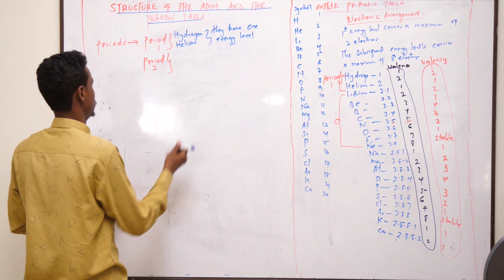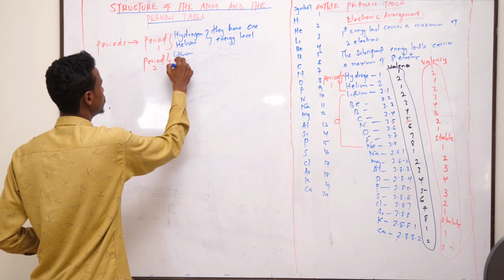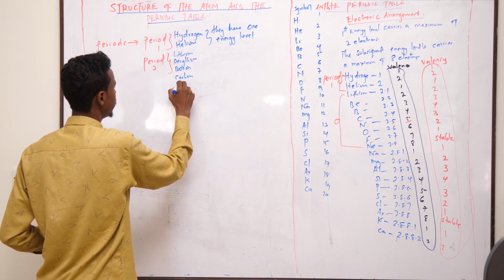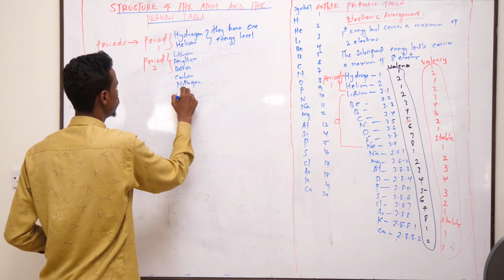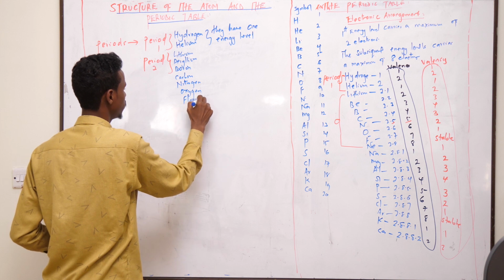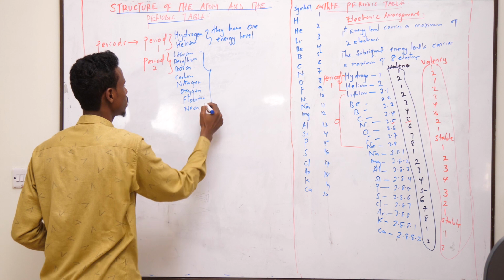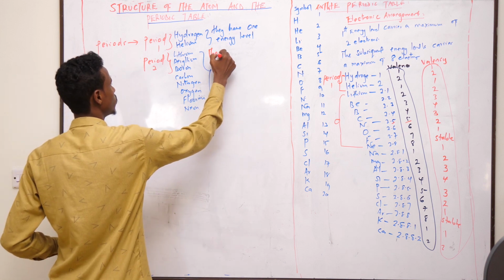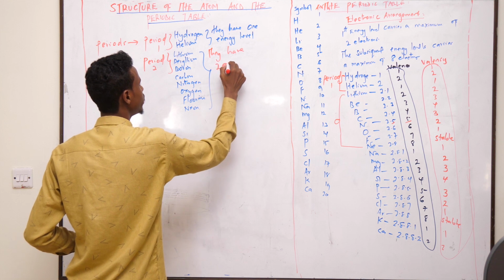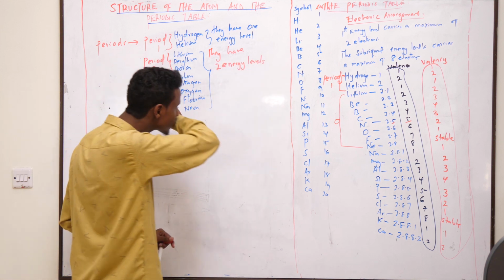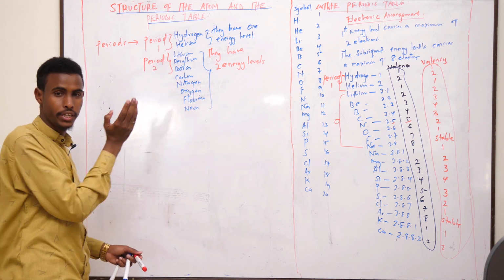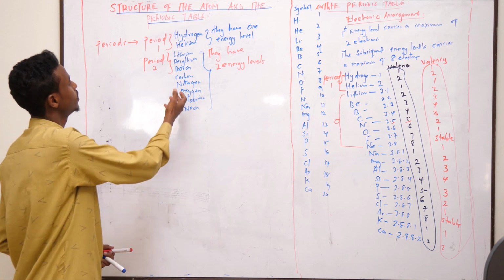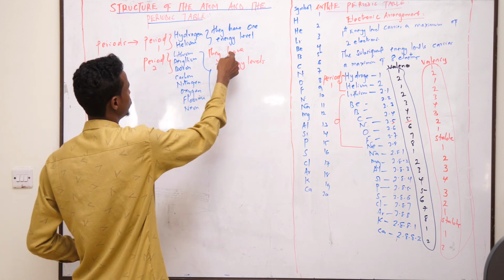Therefore, we say lithium, beryllium, boron, carbon, nitrogen, oxygen, fluorine, and neon are in period 2 of the periodic table, simply because they have 2 energy levels.